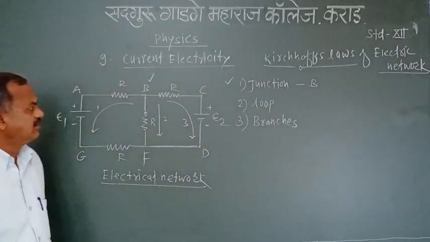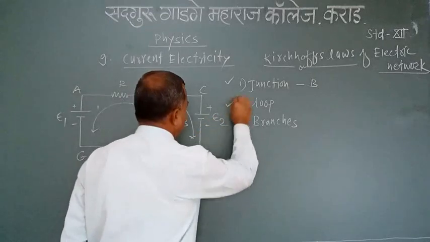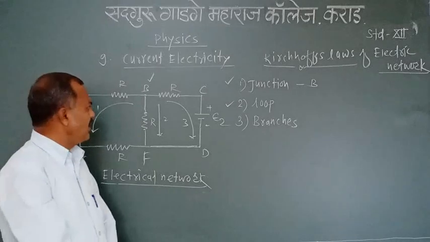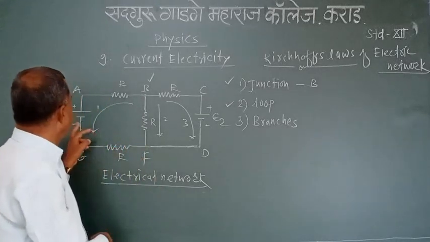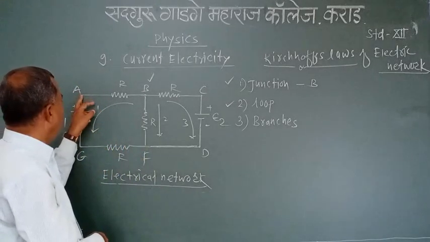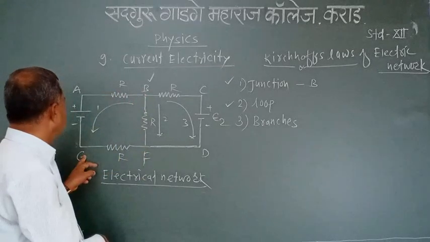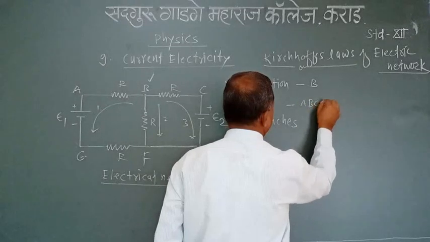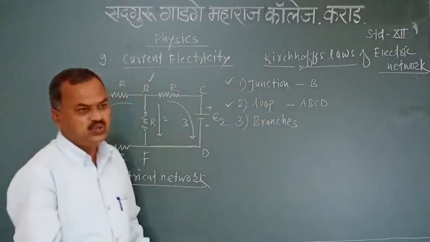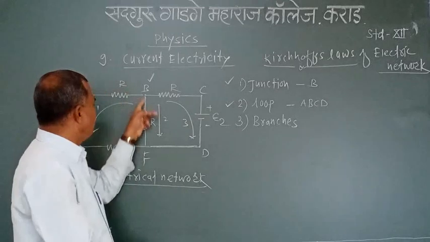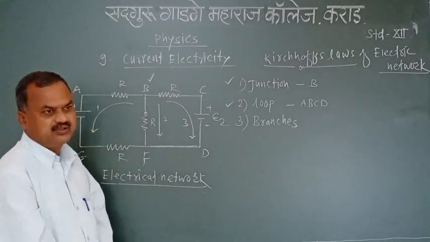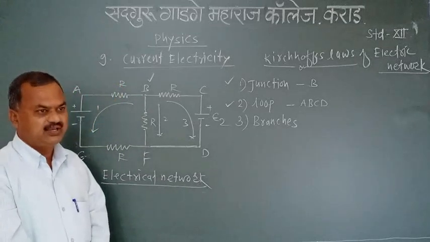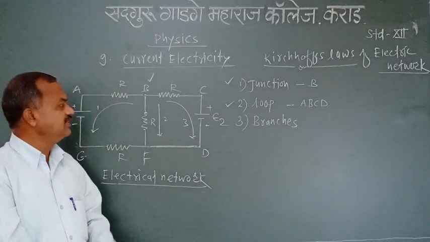Then next, loop. Define what is meant by loop. For that, consider this figure. In this figure, A, B, F, G is considered as a loop. A loop is a closed conducting path, like this. A closed conducting path in an electrical network is called simply a loop.